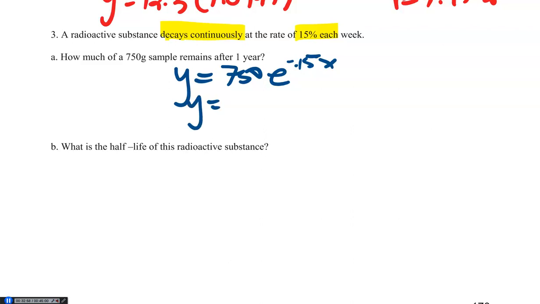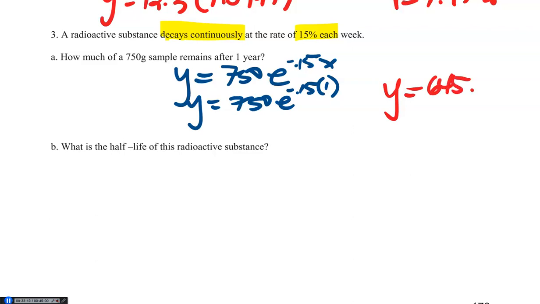So y is equal to, after 1 year, so times 1. So use your calculator here. You should get 645.53.